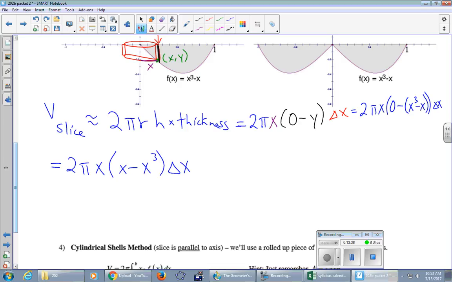Okay, notice that this does not have anything squared in it. Last class, everything had something squared because it was all circles, right? Circles and washers. No squared here. 2 pi r h, nothing squared.